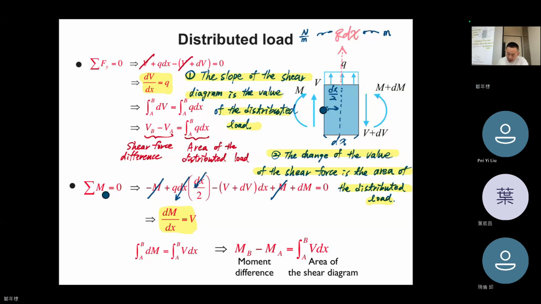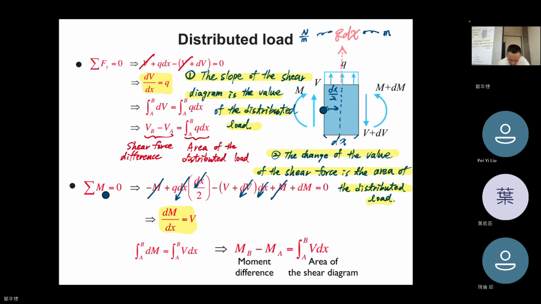And dV and dx multiplied together also become negligible. So you will end up with dM over dx equals V. Again, you see dM over dx is the slope in the moment diagram.